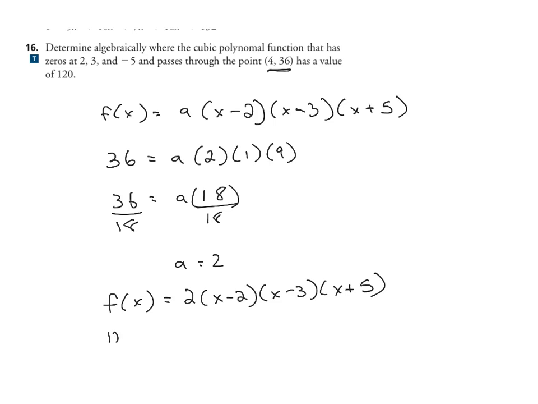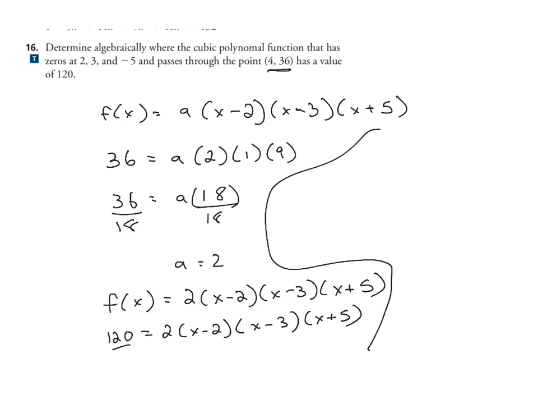So when does f of x equal 120? So 2, x minus 2, x minus 3, x plus 5 has to equal 120. All right, well, I guess let's do this the long way algebraically. It does say to do it algebraically. All right, we're going to bring everything to the same side.